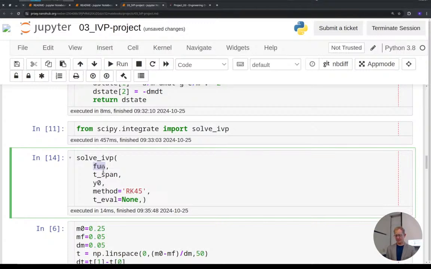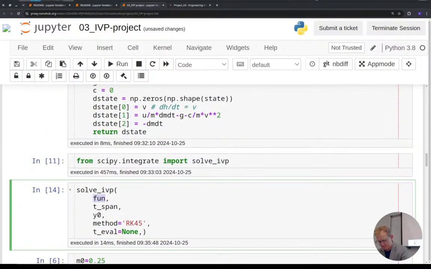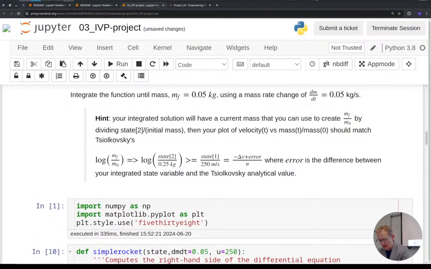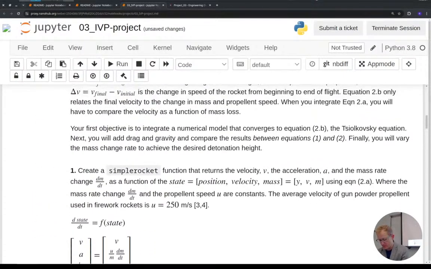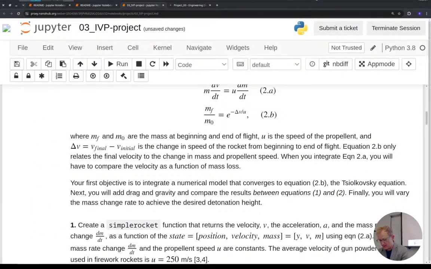2b is, so that's final mass over the initial mass equals e to the negative delta b over u. Oh, that would actually be the solution that we're trying to find. I think 2b is a solution to the problem that we're trying to solve.